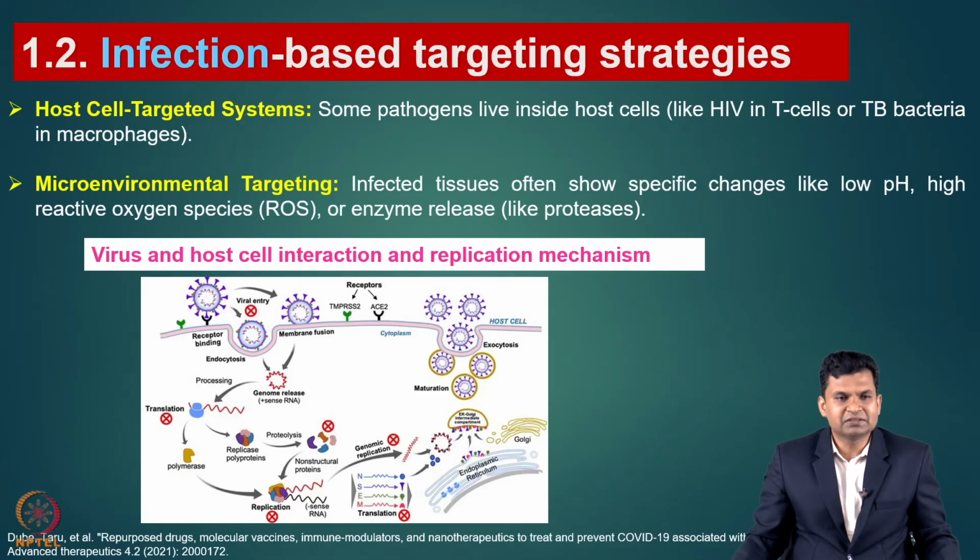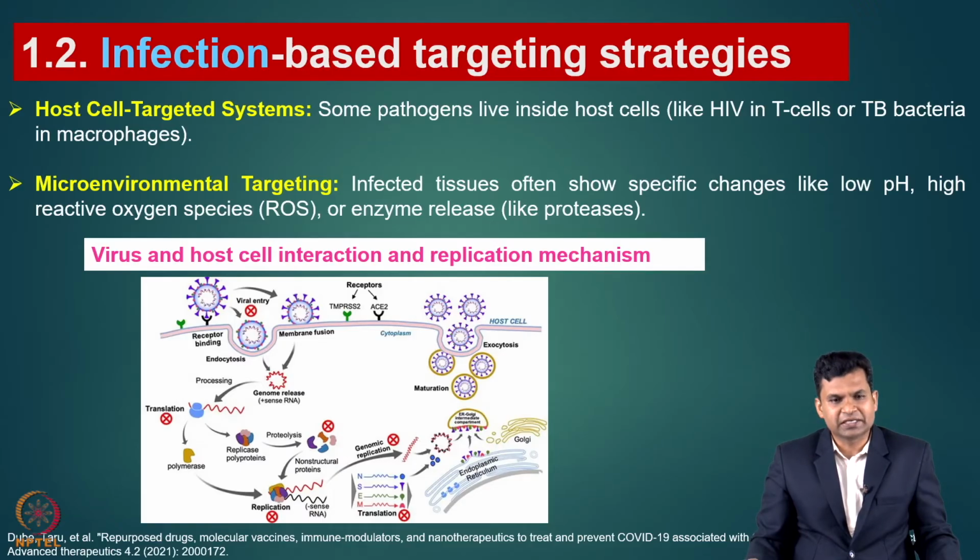Another example is the infection based targeting strategy. We know there are many infections like tuberculosis, HIV and various other types of infections. This all happens because of bacterial, viral and fungal attacks. All these are considered infectious diseases.